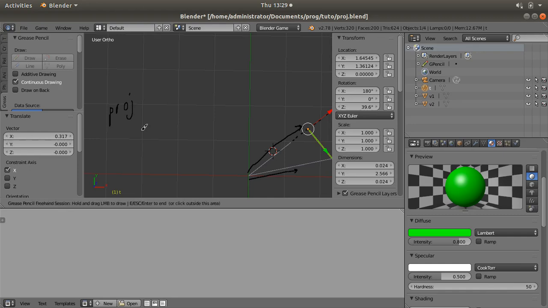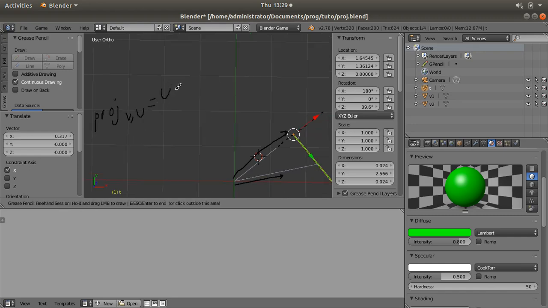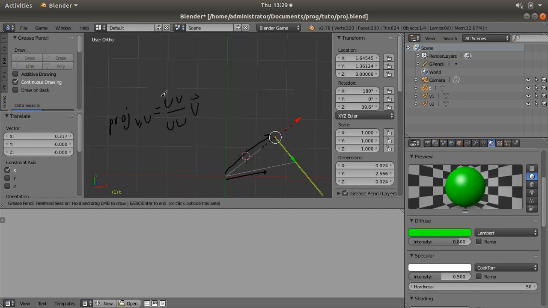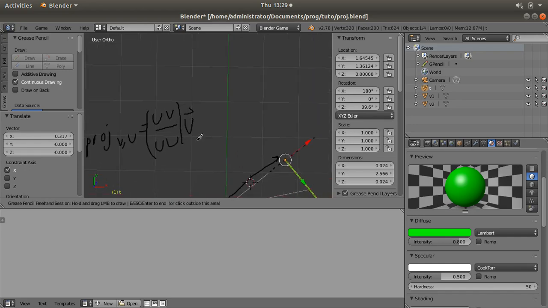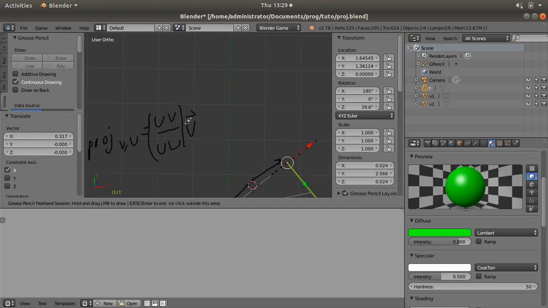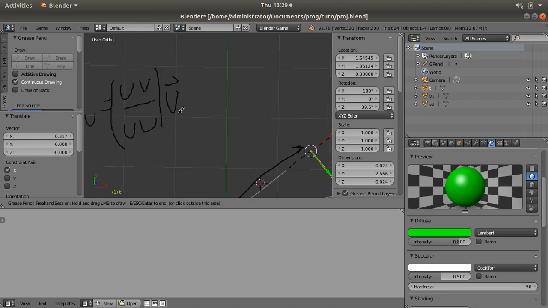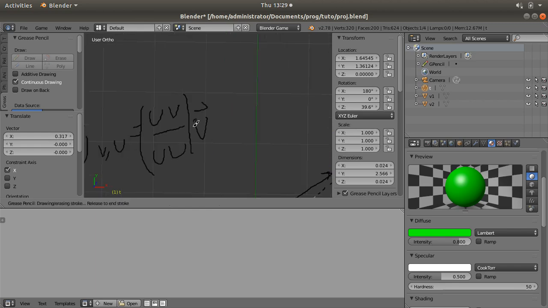The projection of V onto U is equal to U dot V over U dot U times U. This is a scalar, and this is a vector. So it sort of looks like the magnitude would come into play because this formula is written in terms of the vector being projected onto.